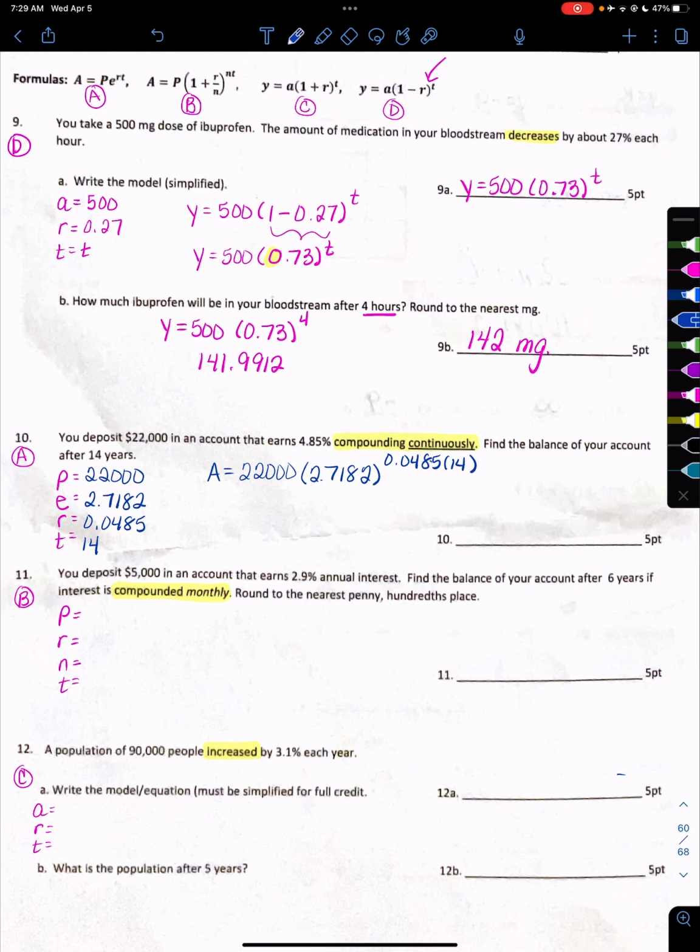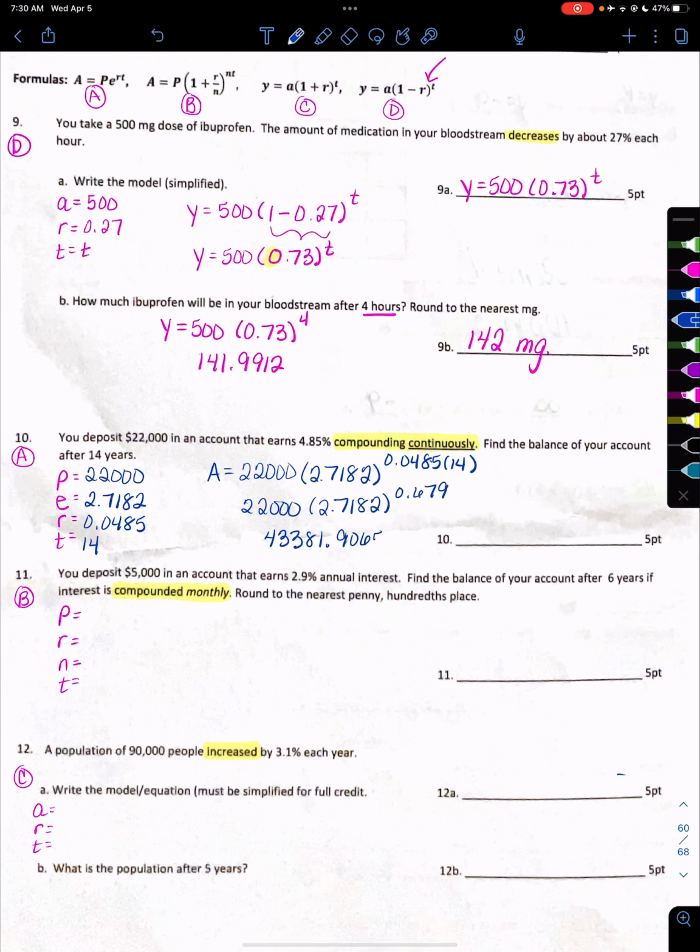All right, I'm going to go ahead and simplify this exponent so that I've got 22,000, 2.7182 as my B value, and the exponent comes out to 0.679. Now you're going to do 2.7182 to the power of 0.679, then multiply it by 22,000, and the value that you get for this one is 43,381.